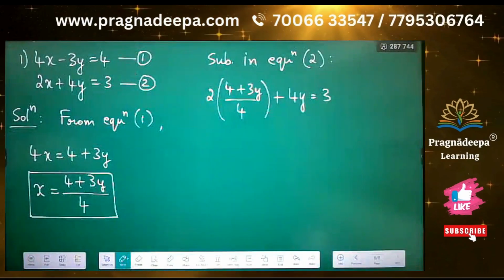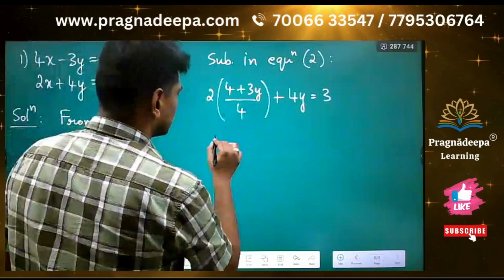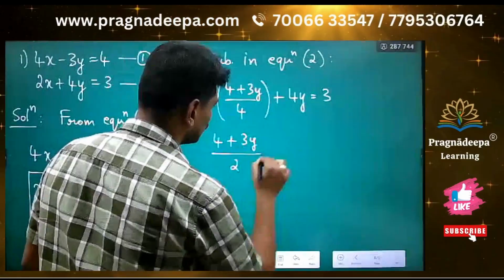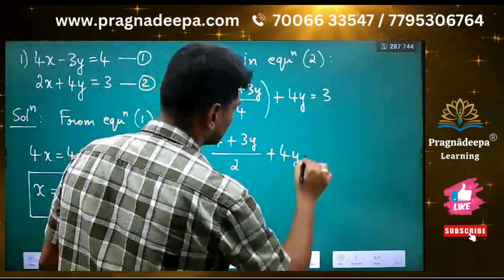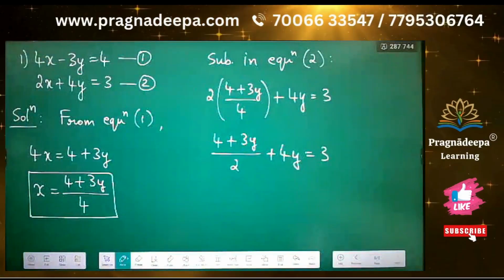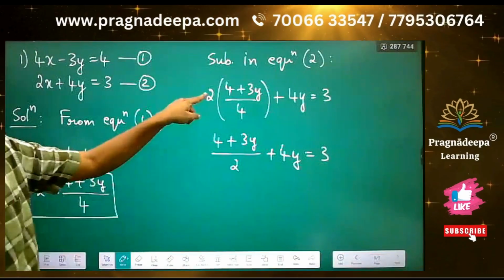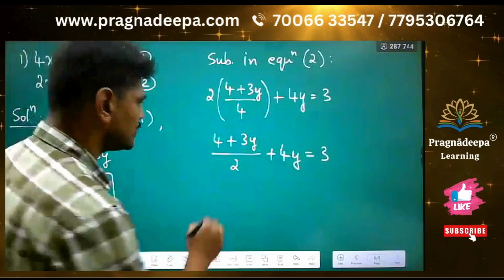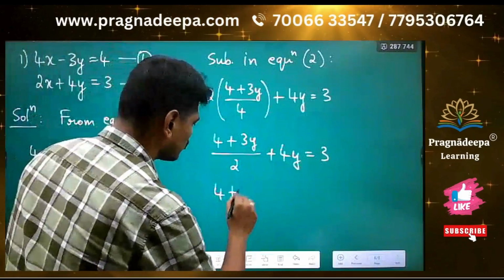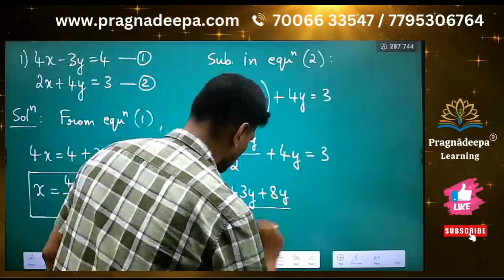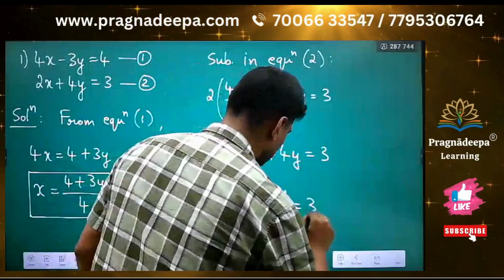If we simplify, 2 ones are 2, 2 twos are cancelled, so 4 plus 3y by 2 plus 4y is equal to 3. Correct? 2 times 1, 2 times 2. Now take the LCM. Taking the LCM, we get 4 plus 3y plus 8y whole upon 2 is equal to 3.